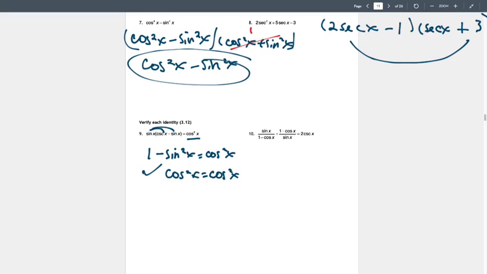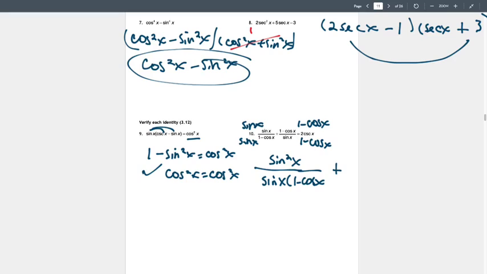All right, on the next one, I need a common denominator, so I'm going to multiply the left hand by sine x over sine x, and I'm going to multiply the right by 1 minus cosine x over 1 minus cosine x. Okay, so on the left-hand side, you're left with sine squared x over that common denominator.